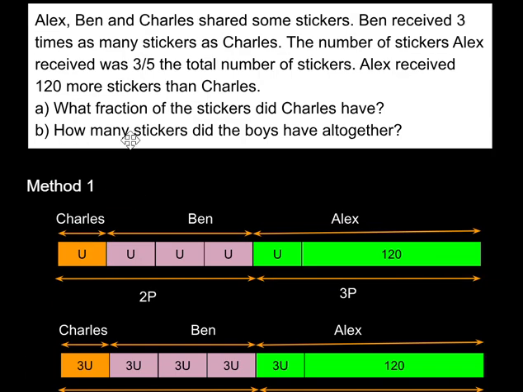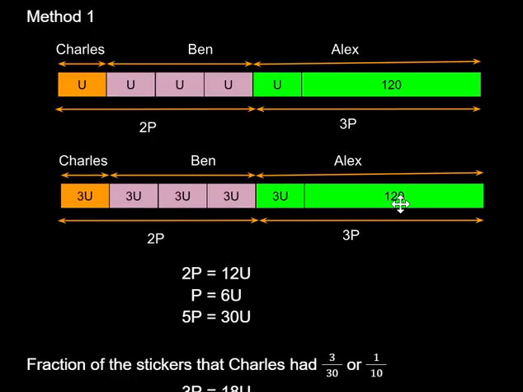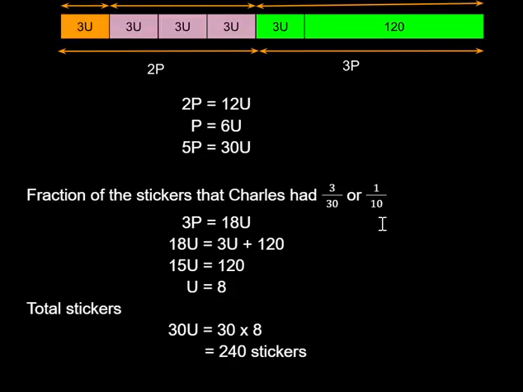Part 2 of the question is how many stickers did the boys have altogether? We know that 3P is equal to 18U because P is equal to 6U. So 18U is also equal to 3U plus 120, because this is 3P.